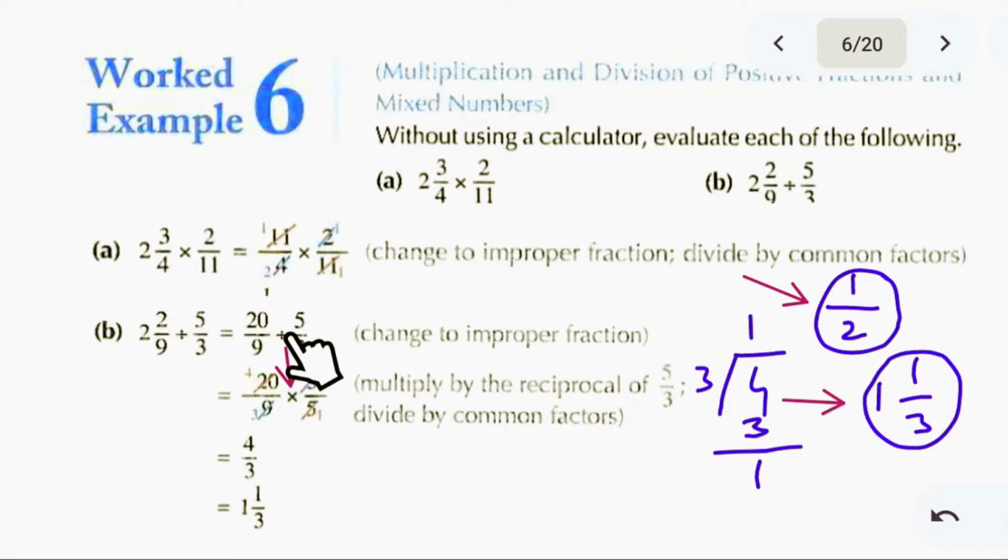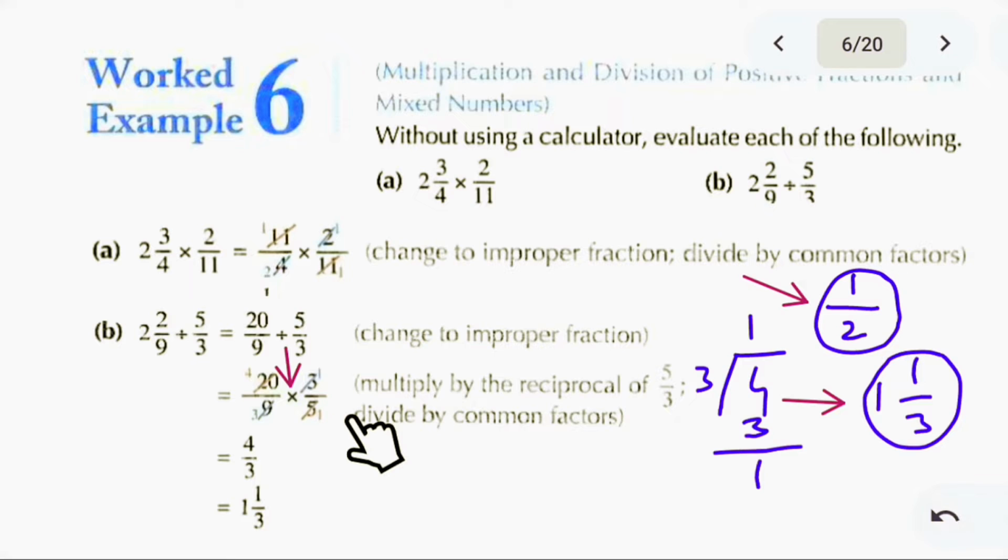When we convert the division sign, the numerator and denominator of the next fraction will be reversed. 3 was the denominator, it becomes the numerator, and 5 was the numerator and it becomes the denominator. So 5 over 3 will be written as 3 over 5.